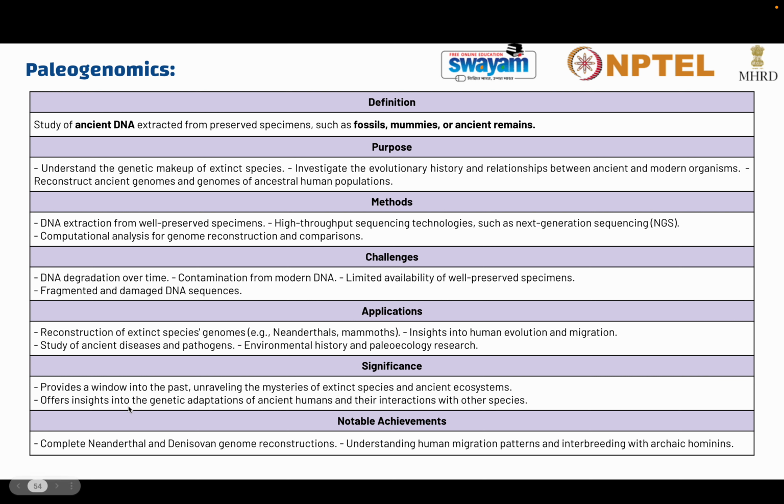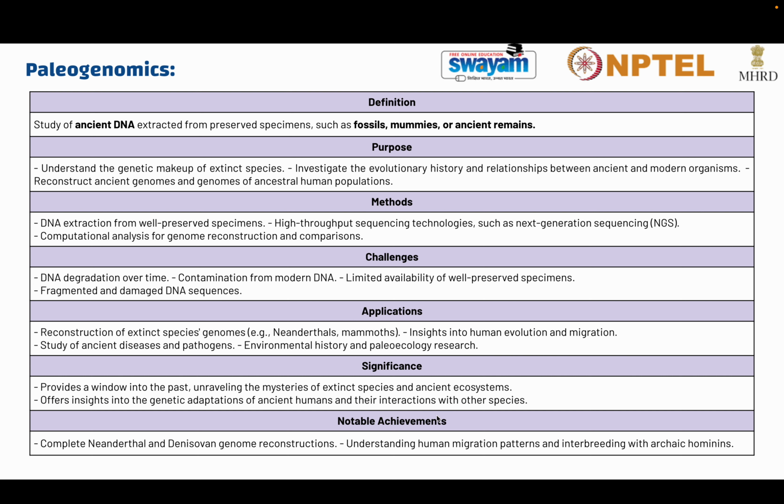It provides insights into the genetic adaptations of ancient humans and their interaction with other species. It is not limited to humans, it can be expanded to other species as well. It will also help us know what adaptations they gained, and what things were missing which led to their extinction. And we can also reconstruct some extinct species by getting this information.